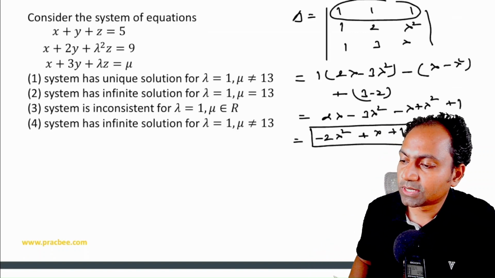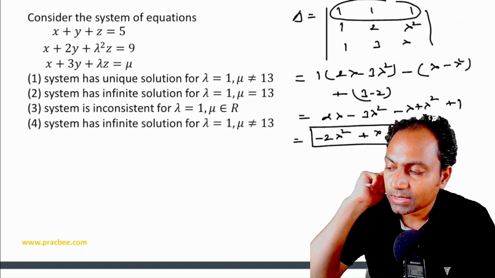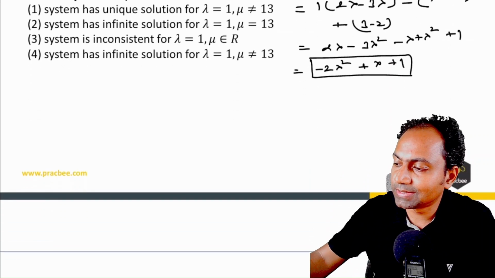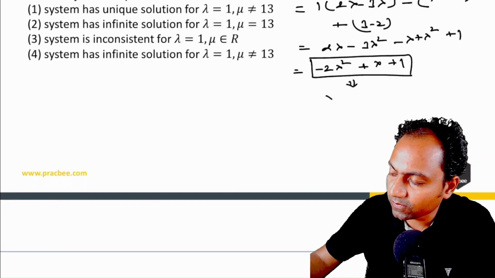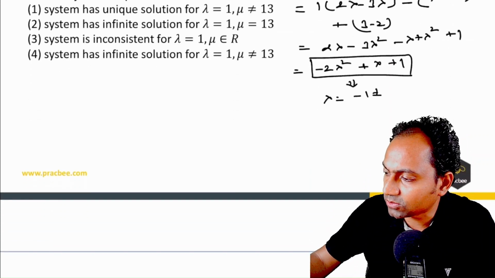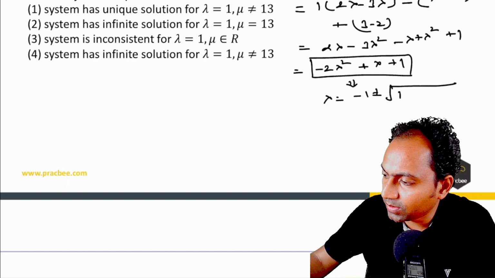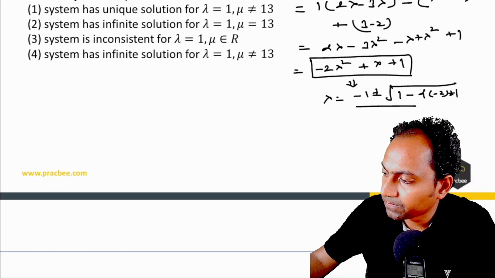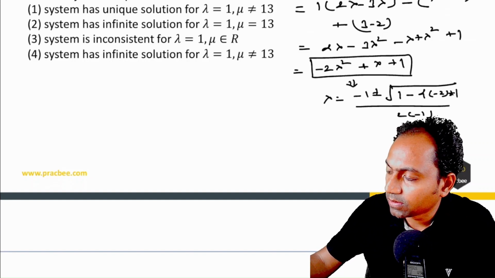Now what we need to do is see this delta. If I find the roots of this equation, let us see what value of lambda we are getting. It is minus 1 plus minus root of b square minus 4ac, over 2a.